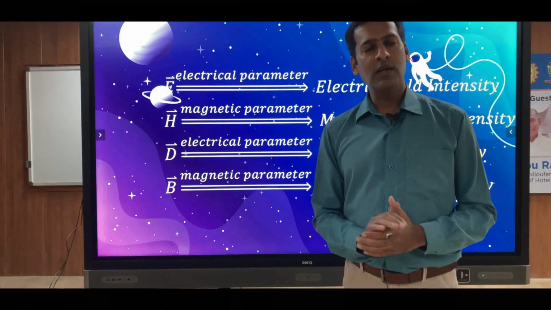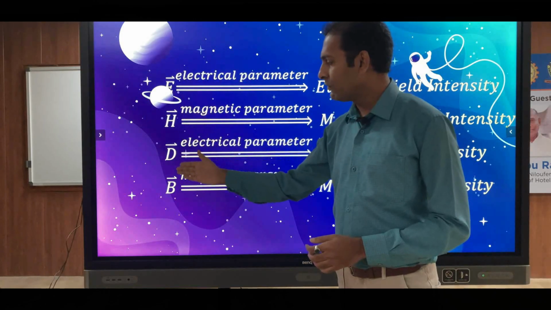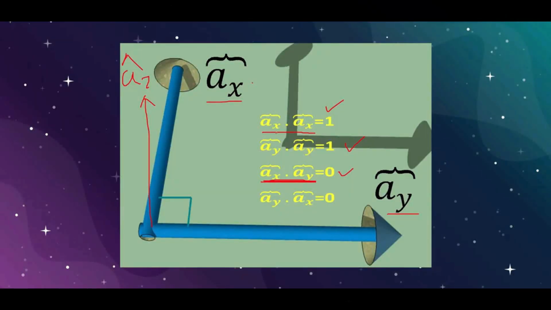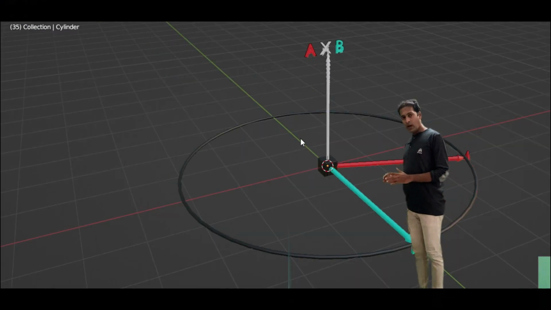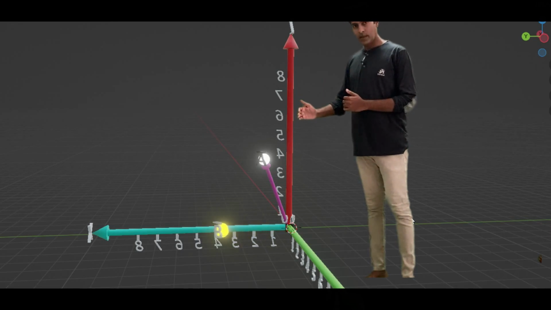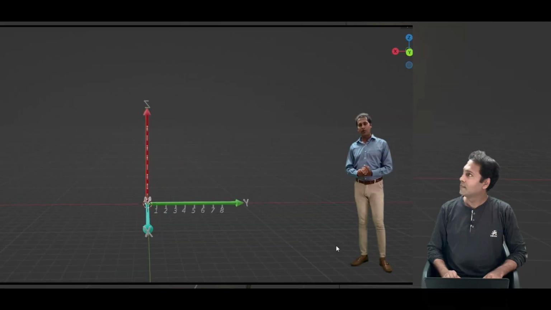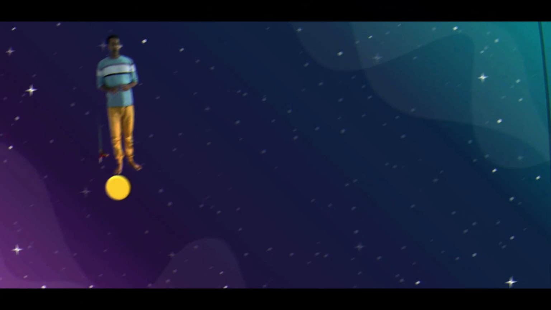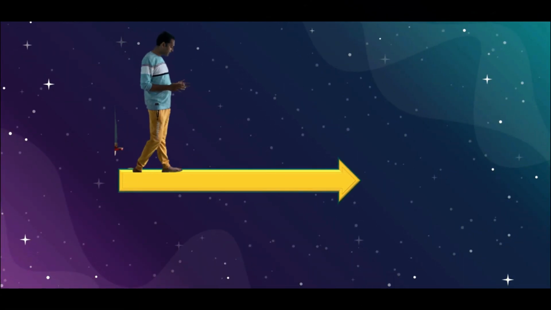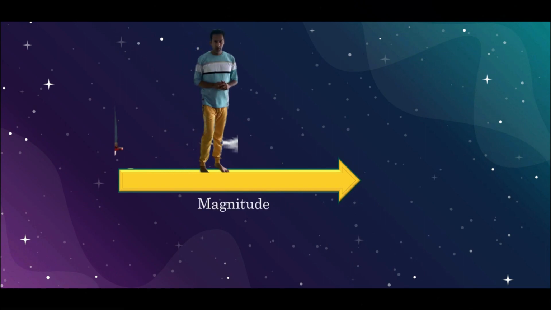This subject is nothing but the analysis of these four alphabets. So we may have these four lines in another direction and B. Both of them, their cross product becomes 0. Vectors are the quantities that have magnitude as well as direction.